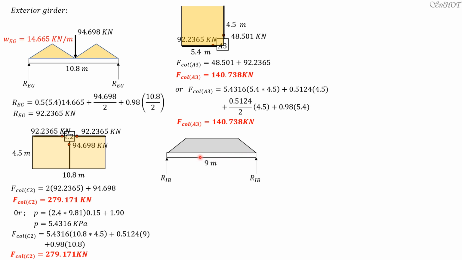So this is an interior beam. The weight of the interior beam is 0.5124. It's uniform. Then let's convert this trapezoidal loading into uniform loading. Its original value was 29.331. If we convert that to a rectangular loading, it should be lesser than 29.331.